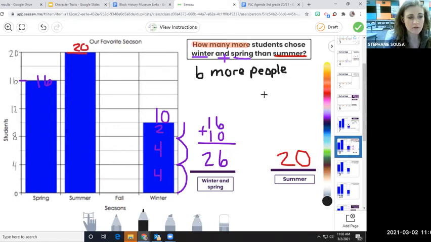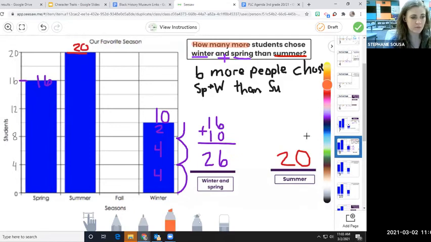If you do not have your labels, you are wrong. 6 more people chose spring and winter than summer. I'm writing a little bit of a shorthand there. So 6 more people chose spring and winter than chose summer.